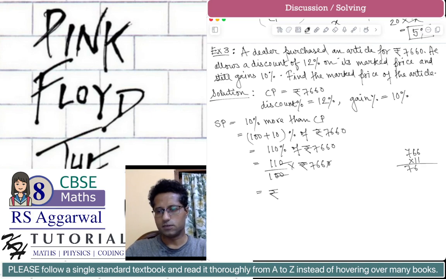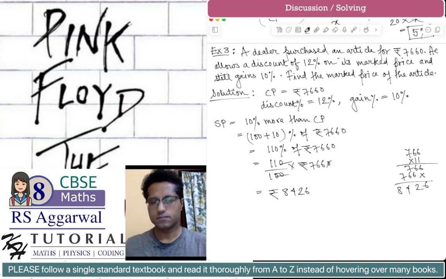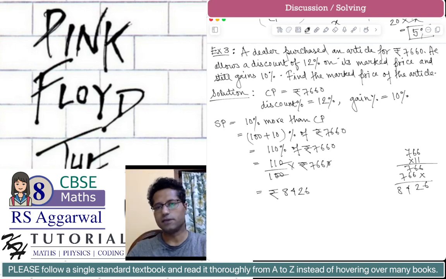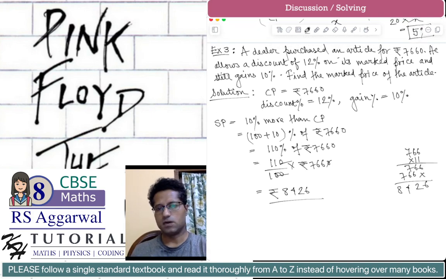That is 766, this is 6, 12, 14, 8. 8426 is the selling price of the article. That is, the dealer sold the article for 8426, and this amount also includes the discount.